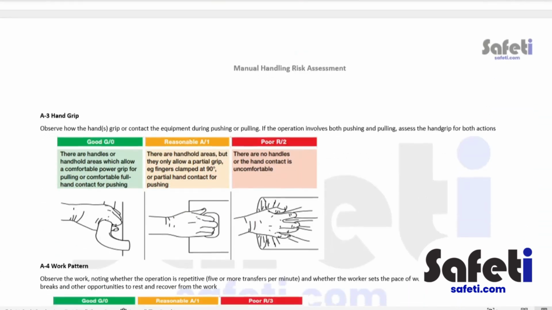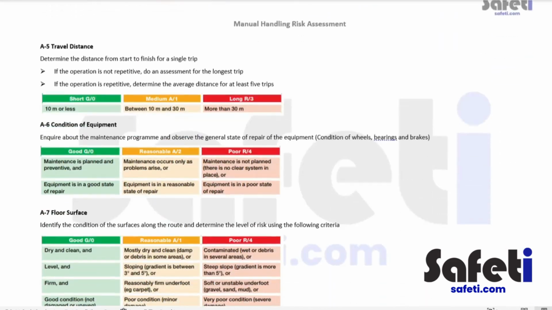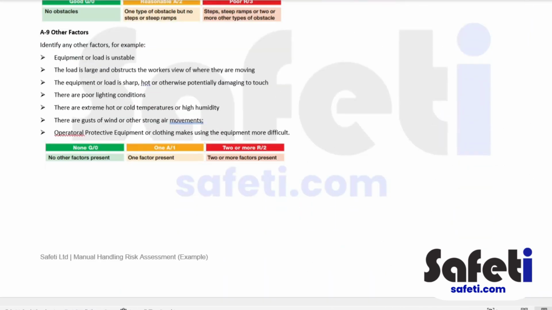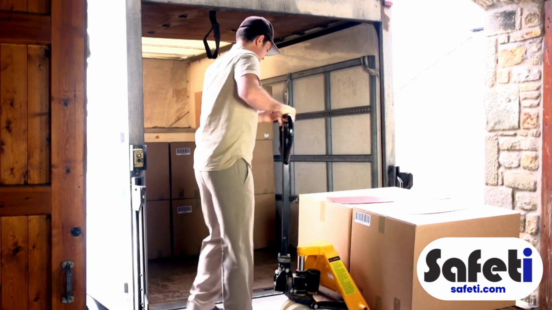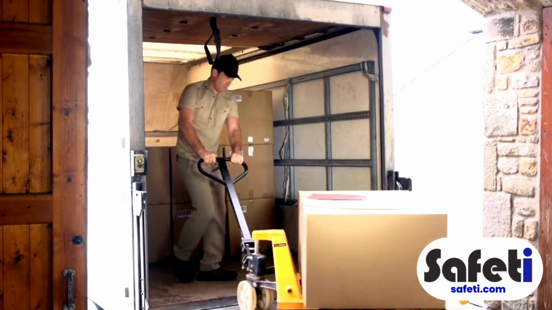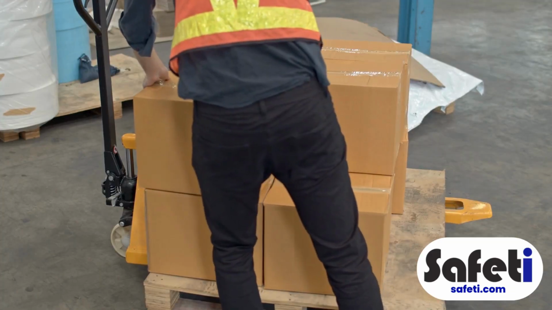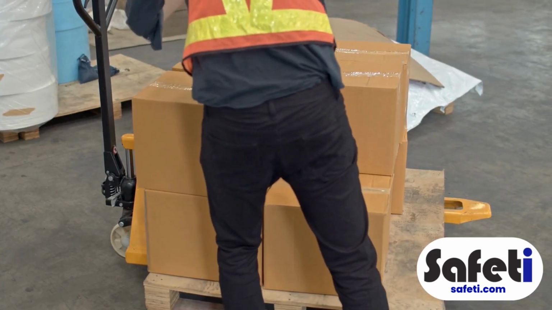It's worth noting as well that manual handling tasks have been broken down into different types when it comes to doing specific risk assessments on them, and these are typically, first of all, pushing and pulling, secondly, lifting and carrying, and thirdly, repetitive movements.